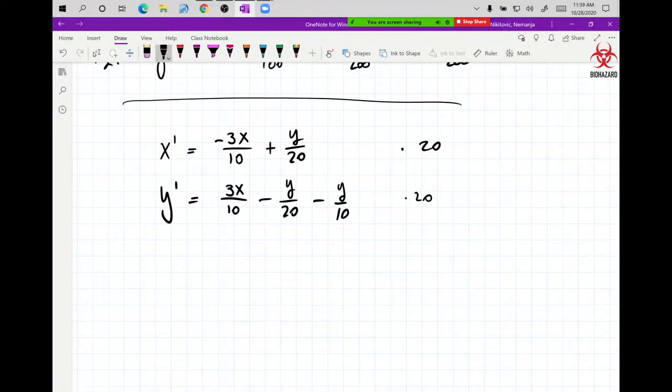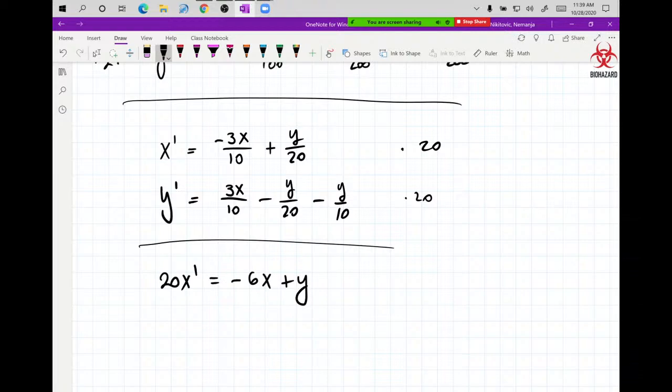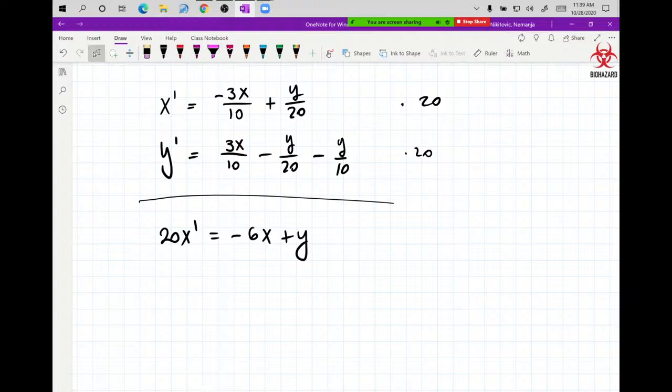So once you multiply everything by 20, you get 20x prime equals negative 6x plus y. And on the second one, you have 20y prime equal to 6x minus 3y altogether, right? Because you will have minus y minus 2y is minus 3y. All right, cool. So there they are.